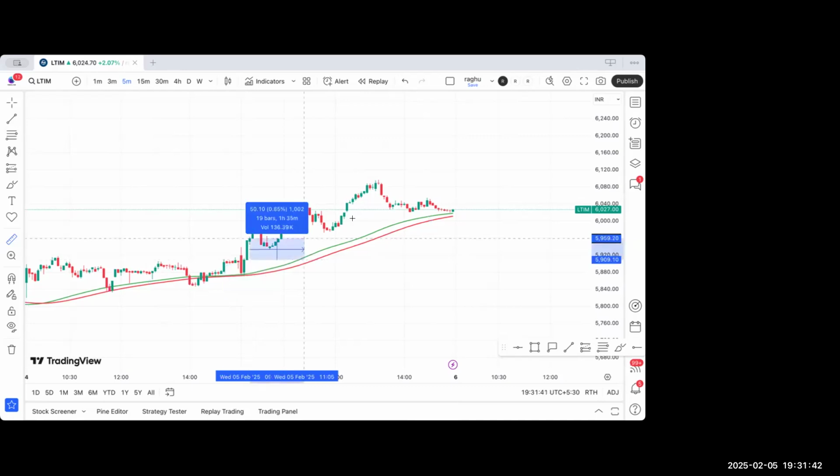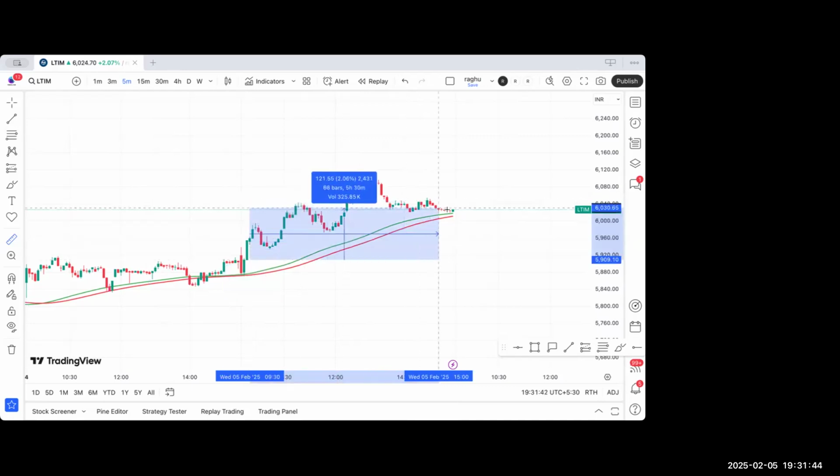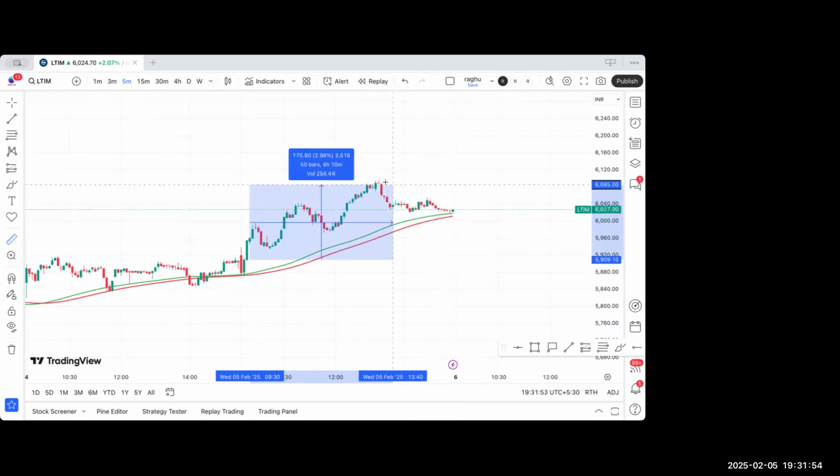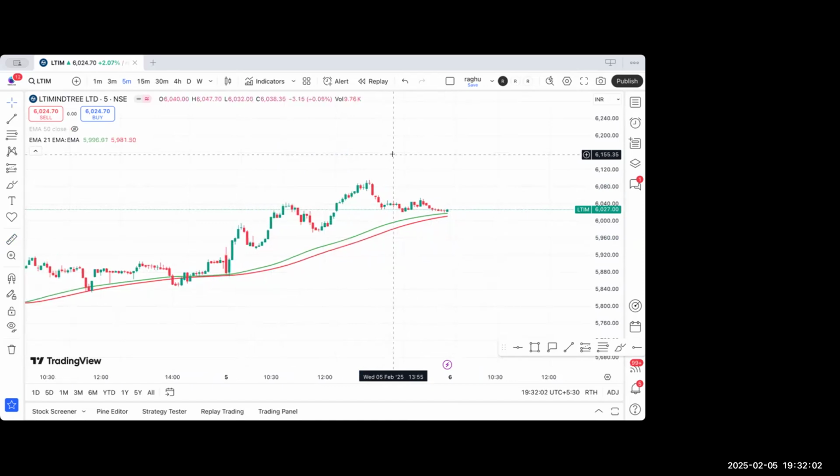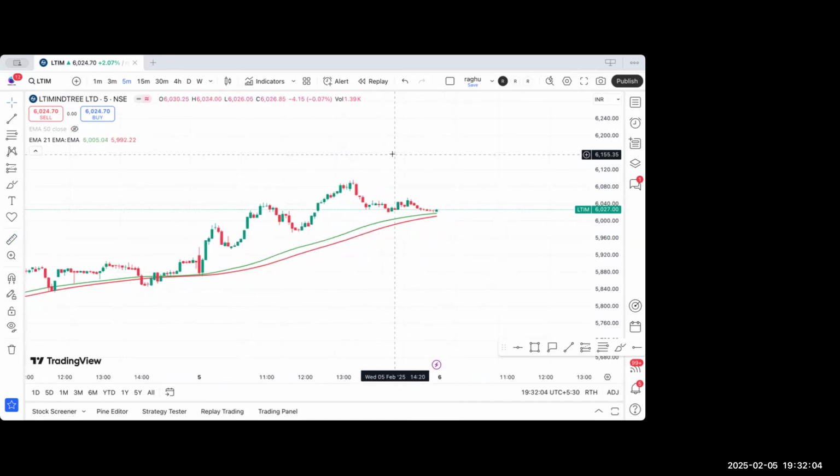If you're considering this setup, your SL would not have triggered till 3:30. Still you're 113 points up. If you're trading with the Liga, you would have made 186 points. Getting my point? Yeah, got it, bro. Just need practice.